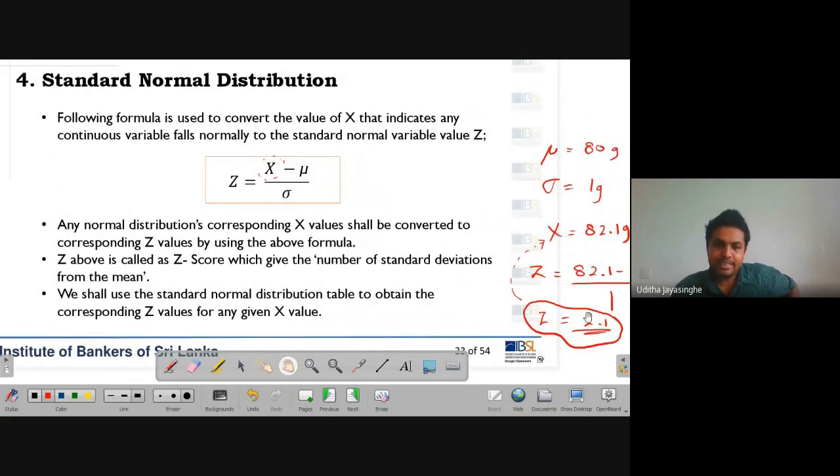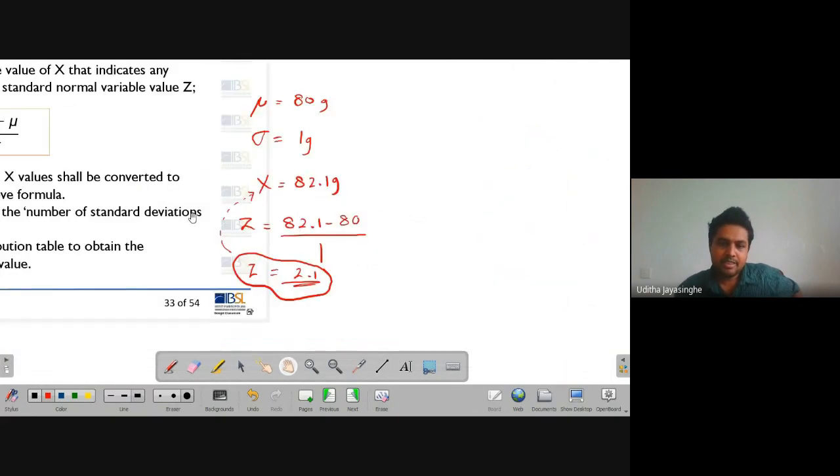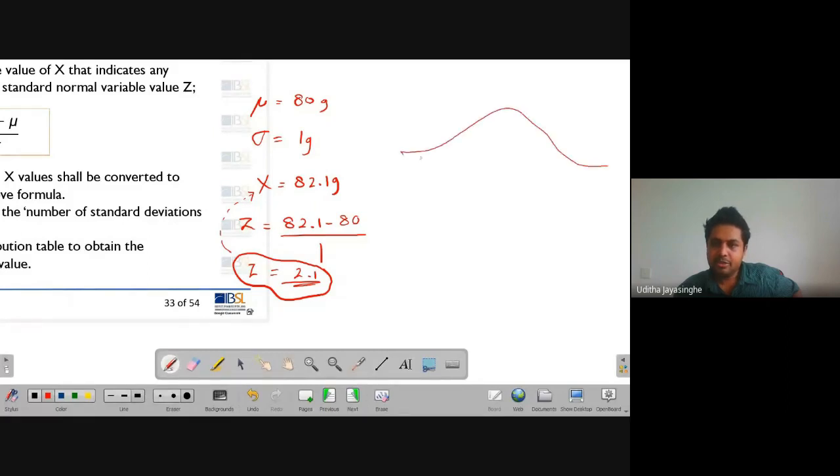What does this 2.1 mean? It tells you that this particular cup is 2.1 standard deviations away from the mean. It's a very easy example; I put in these numbers unknowingly, but it's very easy to calculate. If this is the standard normal distribution curve for this yogurt cup scenario, this 80 is my mean, or x bar.